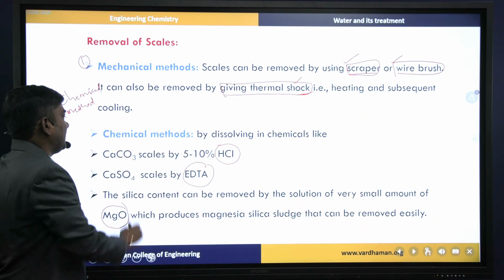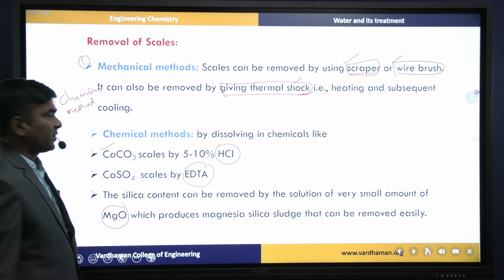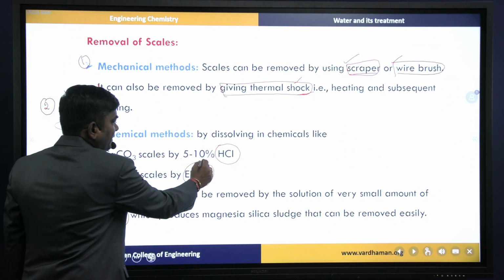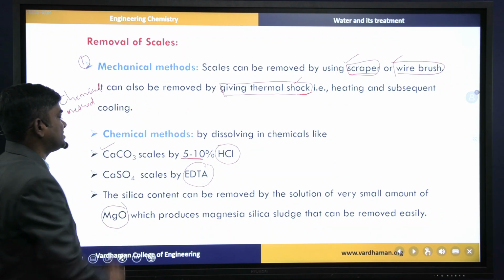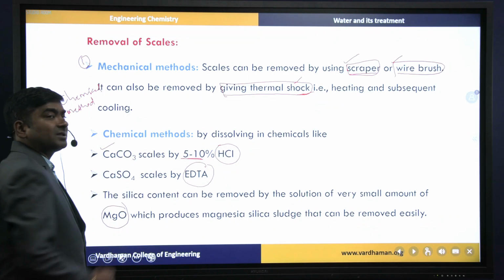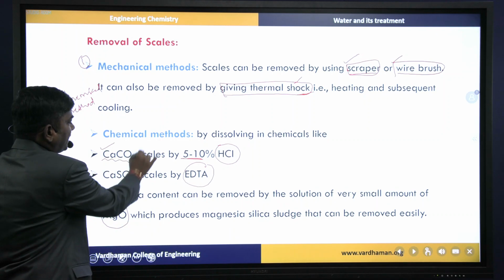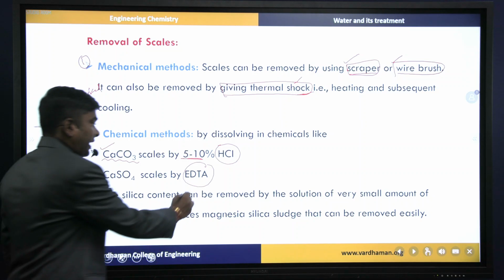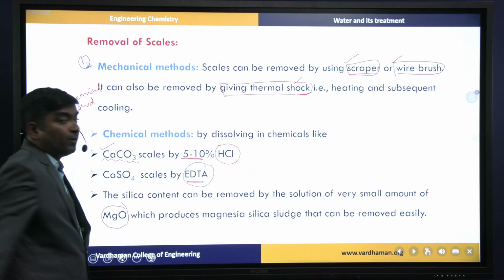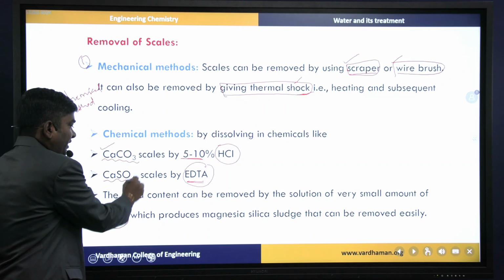HCl can remove calcium carbonate based scales. Take dilute HCl, 5 to 10% dilute HCl. This dilute HCl can remove whatever scale formed due to calcium carbonate. And EDTA can remove the scales formed due to calcium sulfate.